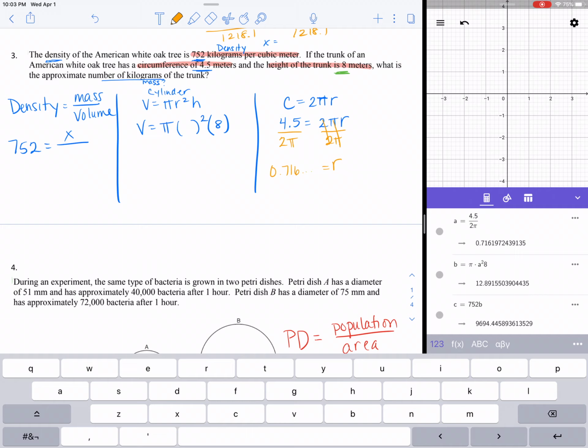So that gives me the radius, so then I could go back to the previous step and plug that in, 0.716 dot, dot, dot.